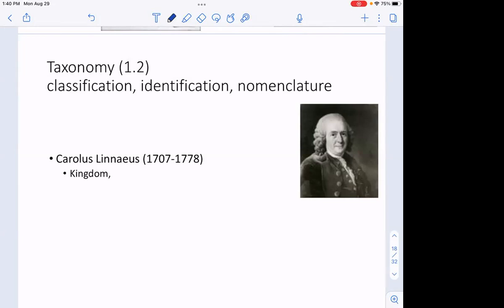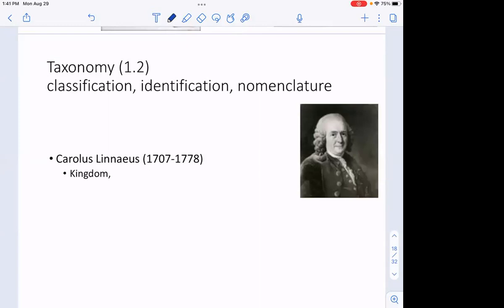All right, so you may have learned this in high school biology, how we have organisms in terms of kingdoms, phyla, class, order, family. That's how we organize them, and then genus and species.